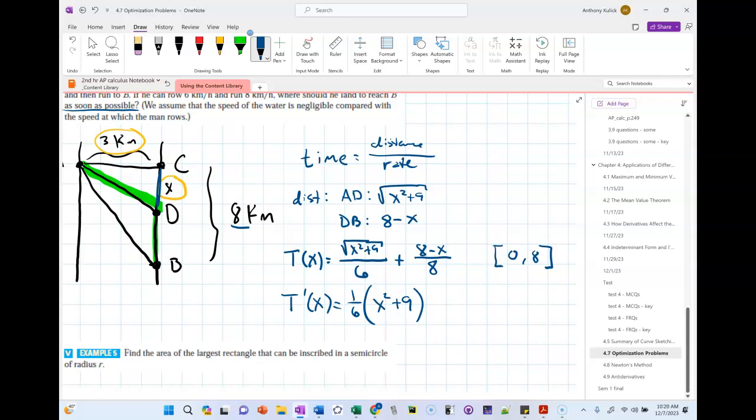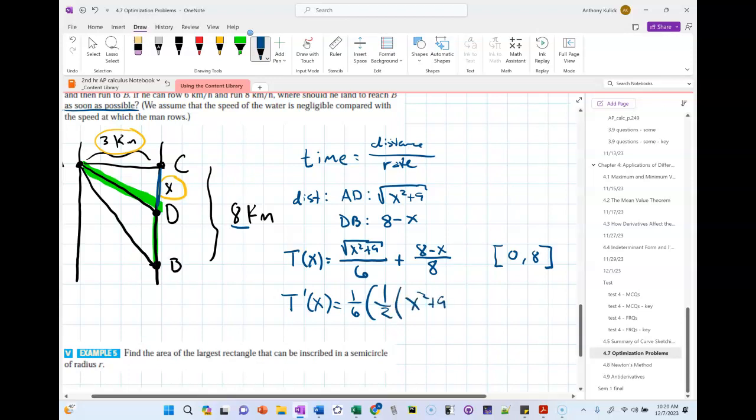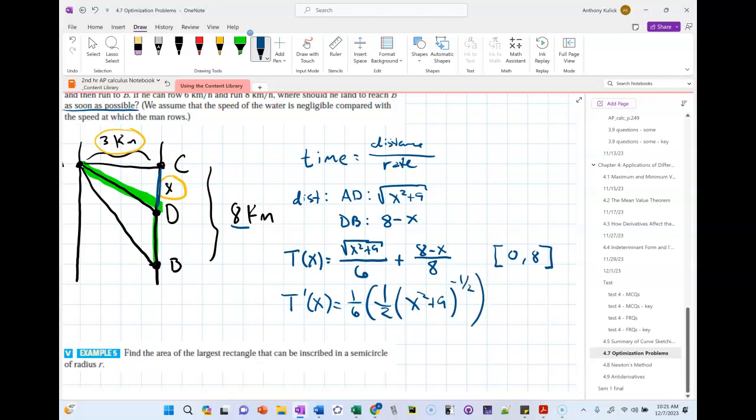What's the derivative of the outside? Great. And then to the negative 1/2, right?